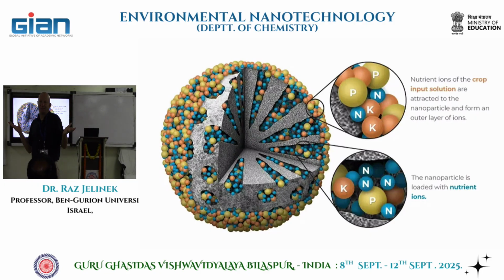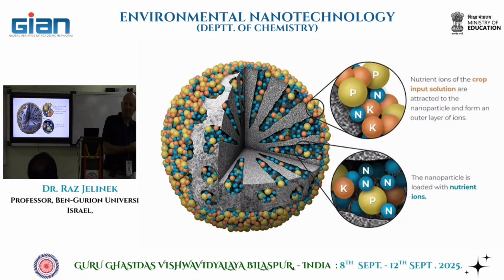The answer is yes. Of course, carbon dots are very useful. In principle, you can take any CO2 or other carbon, and instead of burning it or releasing it to the atmosphere, you can make carbon dots.